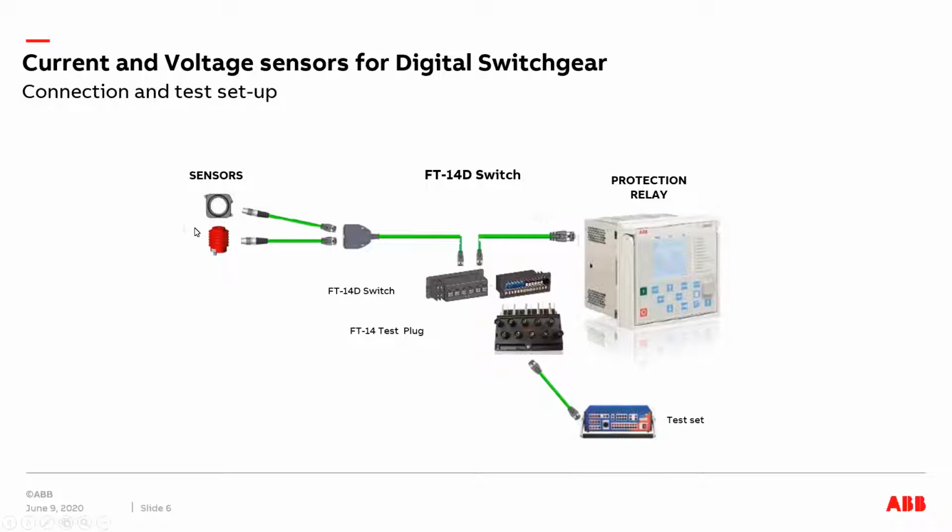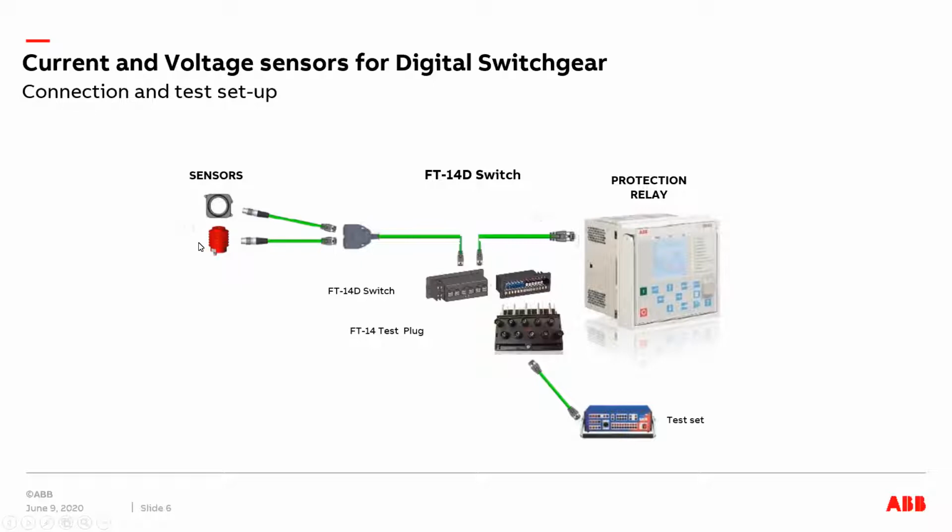These sensors are used to replace the traditional CT and PT. Here is the picture of a current sensor. It's based on the Rogowski coil principle. This current sensor brings out a millivolt signal on this Ethernet cable here, and it will replace a traditional CT.